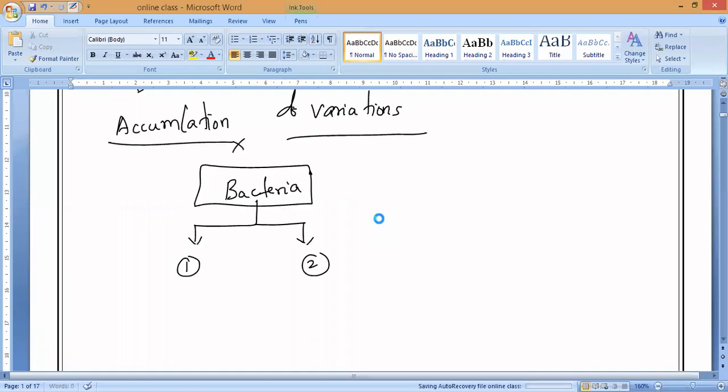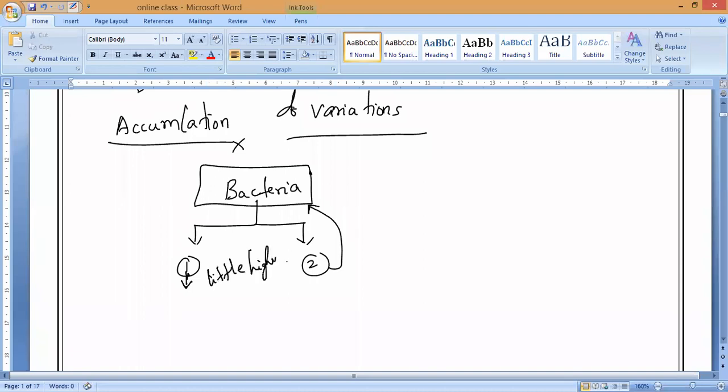Now suppose one of the offspring is almost a replica of our original parent bacteria, and let me take this bacteria which has a variation due to which it can tolerate a little higher temperature. Do you understand, everyone?